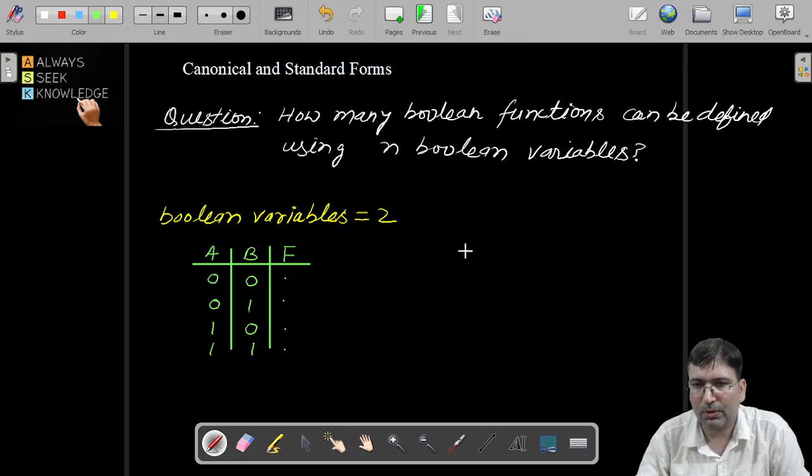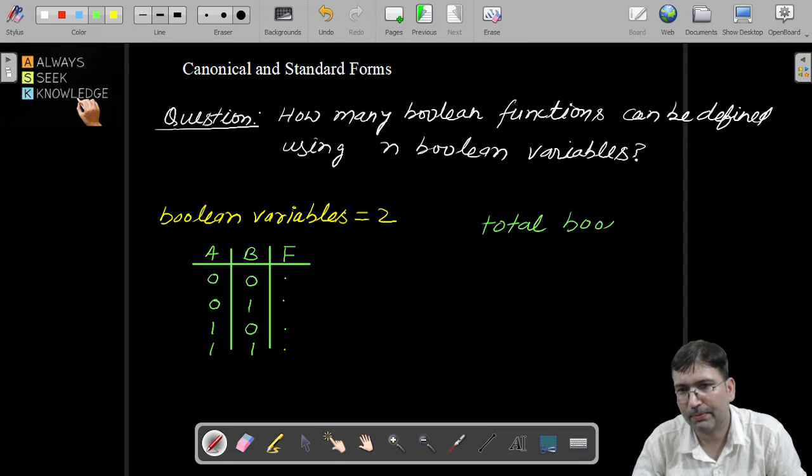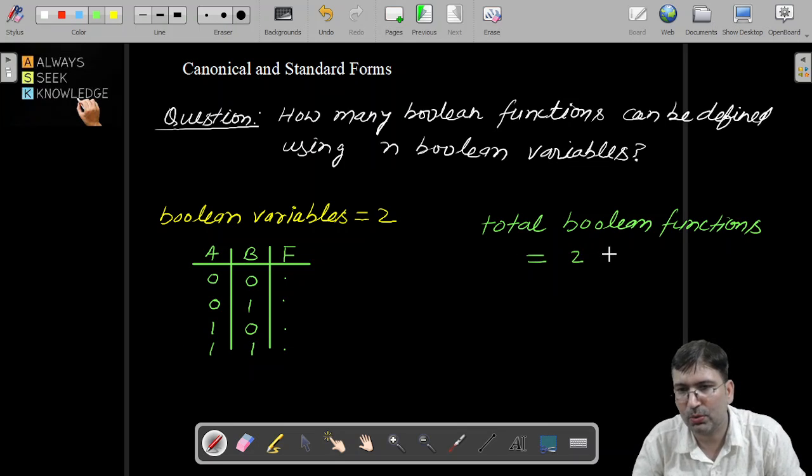So the total number of Boolean functions which can be defined by using two Boolean variables is 2 cross 2 cross 2 cross 2. That means 2 to the power 4.